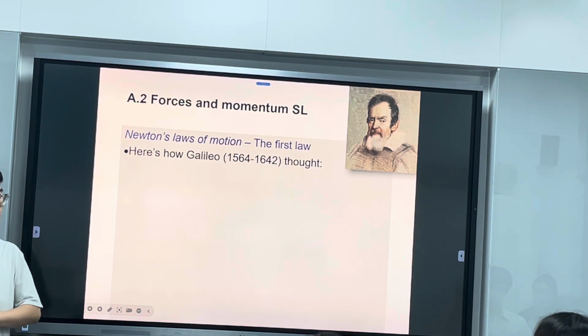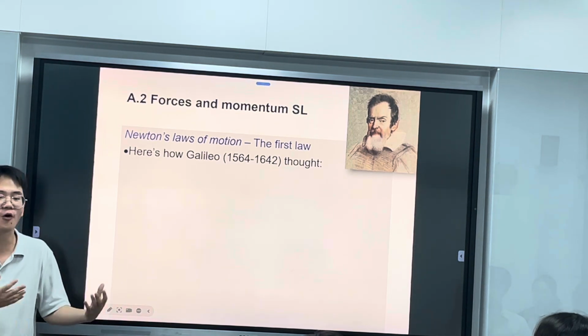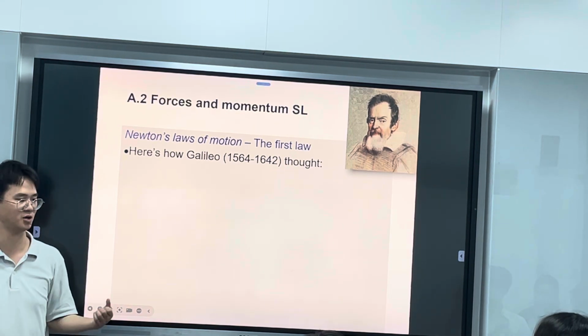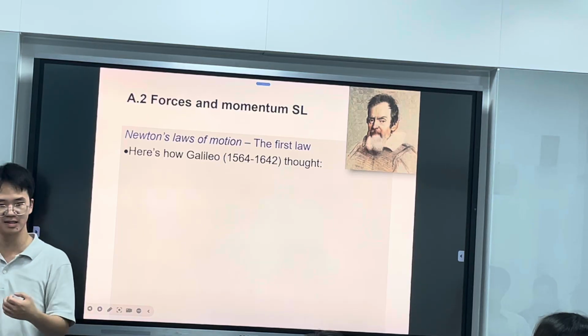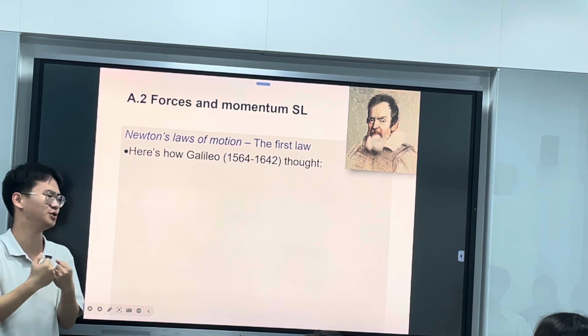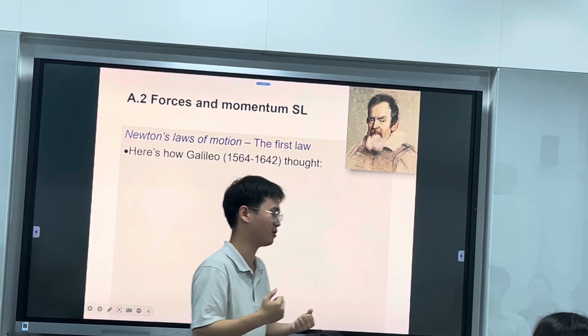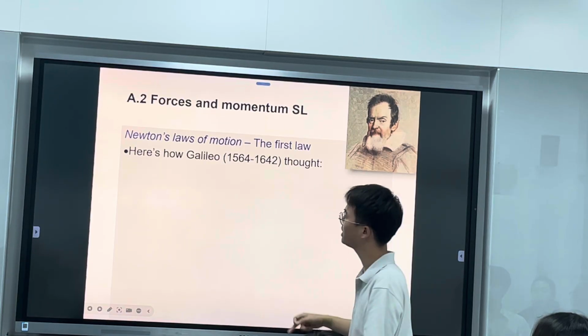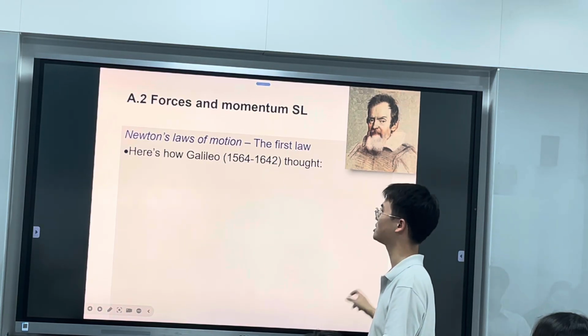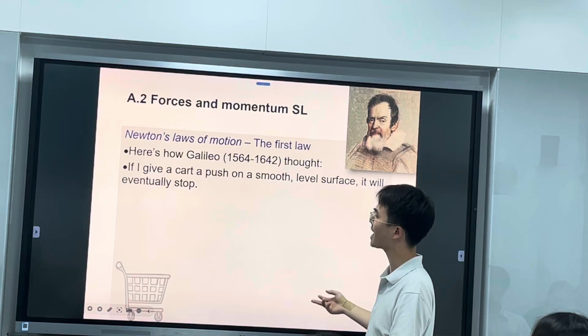He said it's not force that maintains motion. Force is there to change the motion. An object itself has its own tendency to maintain its original motion, and that is the property we call inertia.